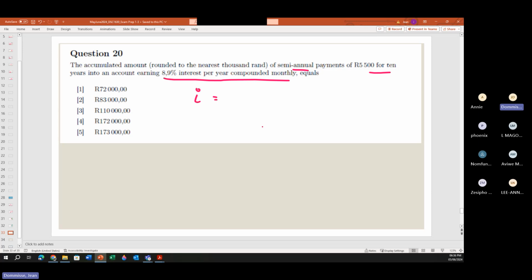So the formula that is important in this instance is the interest rate divided by the period, and then what we will do is... okay, let's just, sorry, I will take that out.